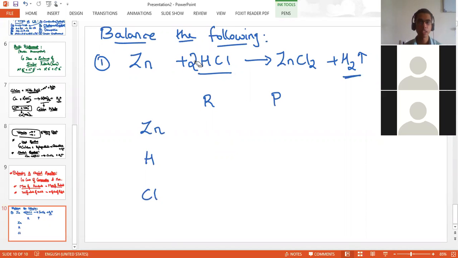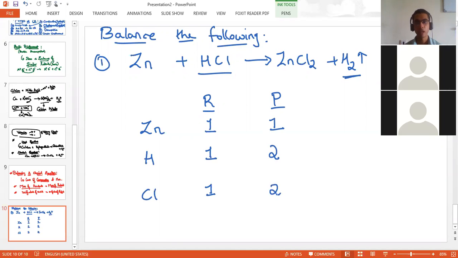Before balancing, on the reactant side we have one zinc atom, one hydrogen atom, one chlorine atom. On the product side, we have one zinc atom. How many hydrogens on the product side? Two. And chlorine? Two chlorines.